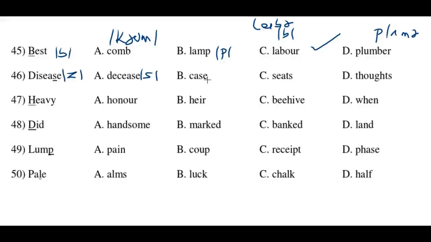Then seeds. This after T is Z, seeds. Then this is thoughts. So the correct answer here is option C.